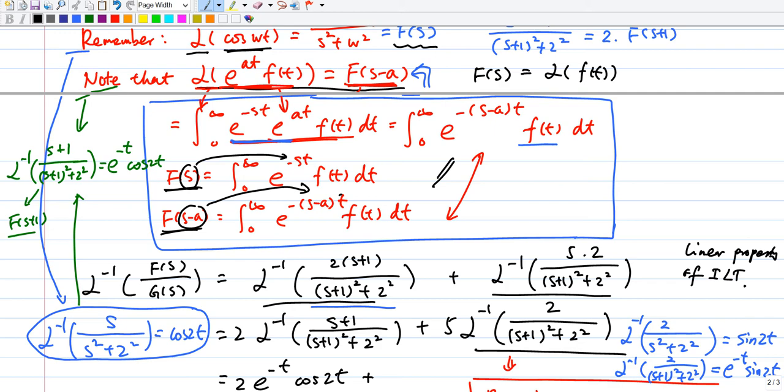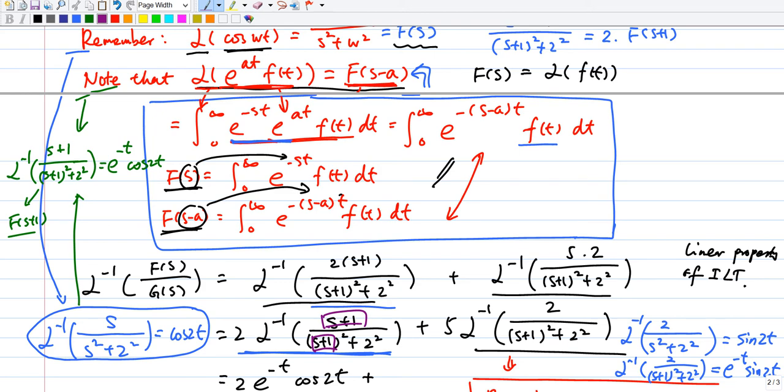Now let's take a look at the first one. It looks pretty complicated, but I can divide it into 2 steps. First, let's do just the L inverse of s over s squared plus 2 squared. The only difference is that I view this (s+1) as s, replacing s plus 1 by s.